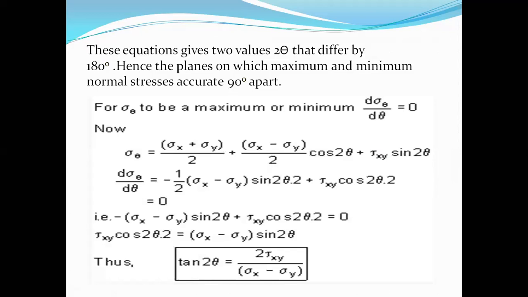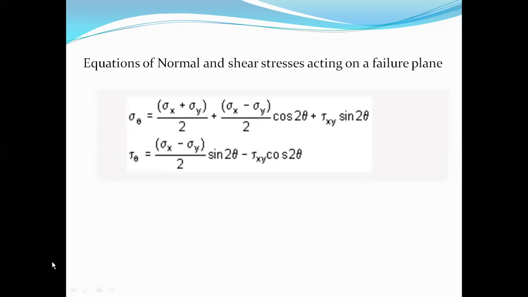Next, how to find out the maximum? Since we have two equations, one for the normal stress and one for the shear stress acting along the failure plane, now we need to find what its maximum value and its minimum value should be. That means the maximum normal stress acting along the failure plane and the corresponding shear stress acting on the plane.